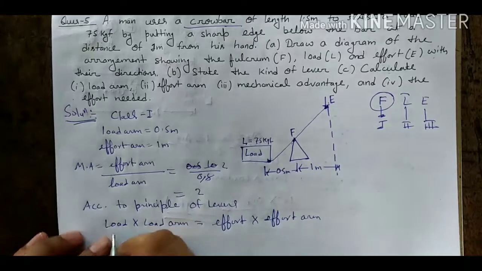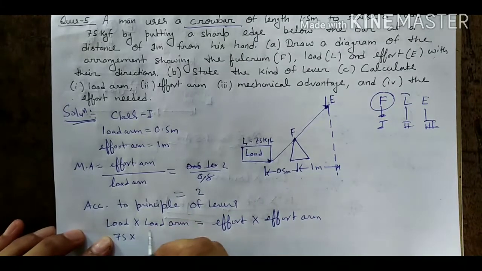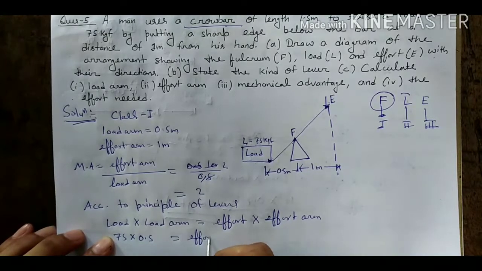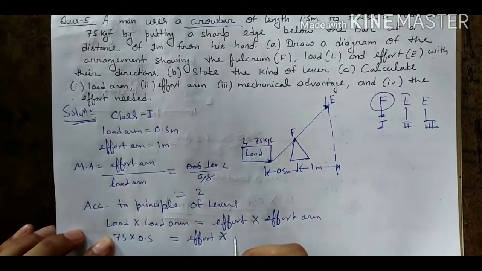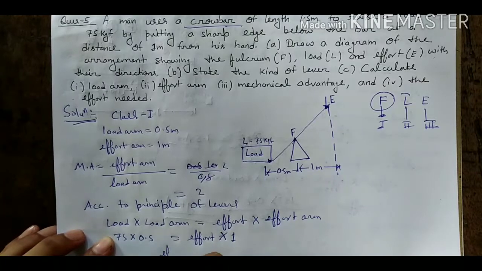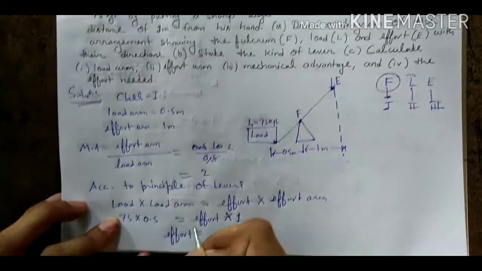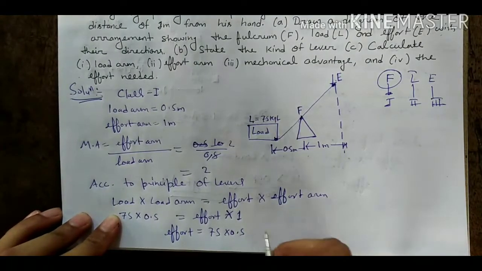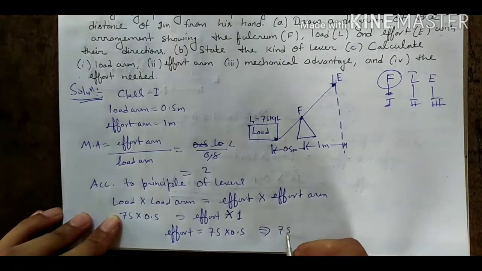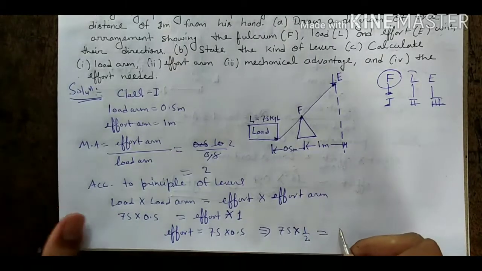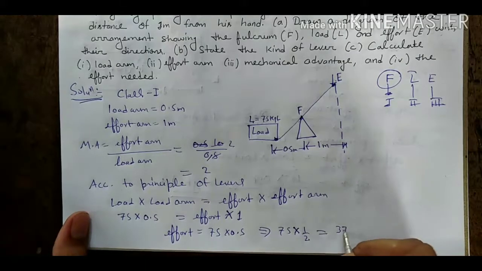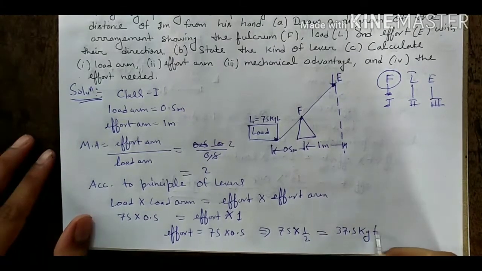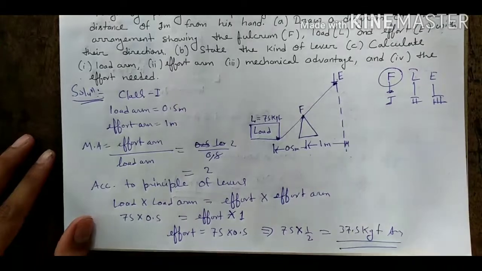This line must be written in your copy. Here load is given as 75 kgf and load arm is given as 0.5. Effort is asked. Effort arm is given as 1 meter. So effort will be equal to 75 into 0.5. 0.5 means 1 by 2. It means 75 into 1 by 2. After solving, we find 75 by 2, 37.5 kgf. This will be the answer. Okay.